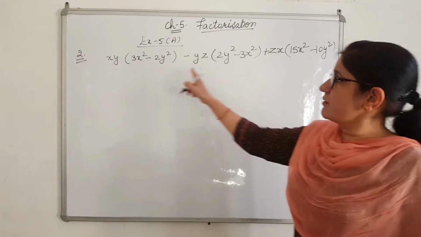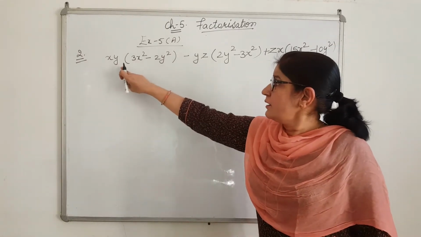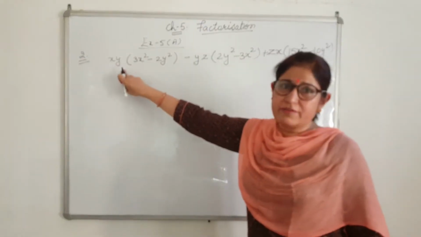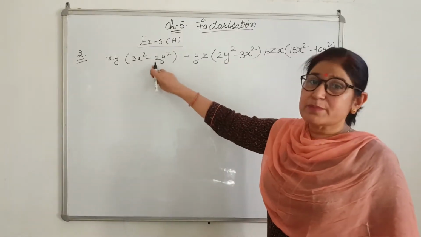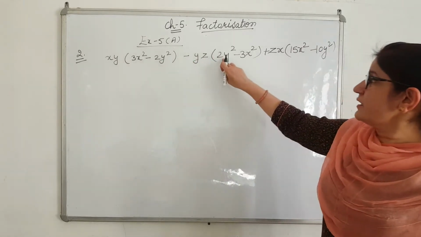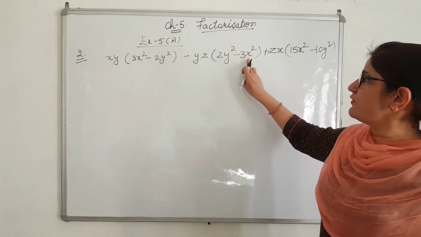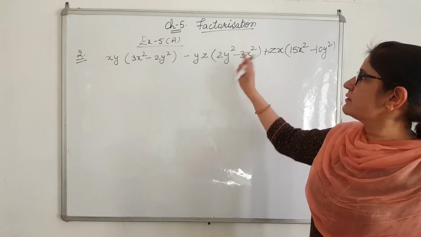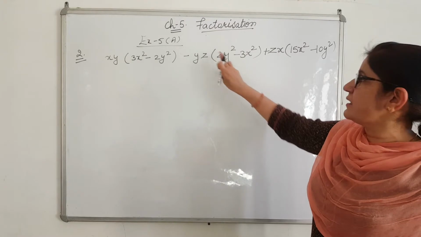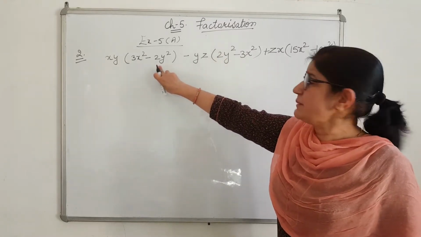We have three terms. If you compare them, here xy, here yz, here zx, so in all three we can't find any common factor. Now we will see the brackets. Here it is 3x² − 2y², here it is 2y² − 3x². If we take minus common from here, then this negative term will become positive and this positive term will become negative, so we get the same term.